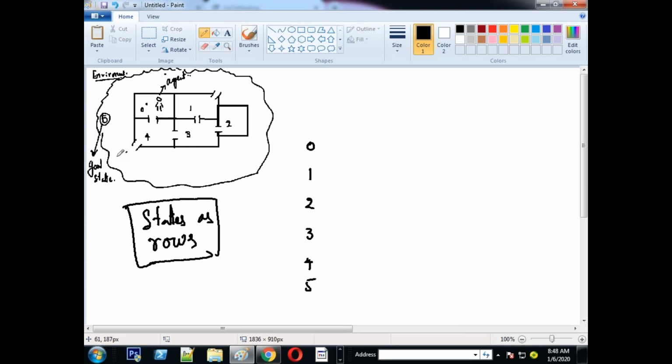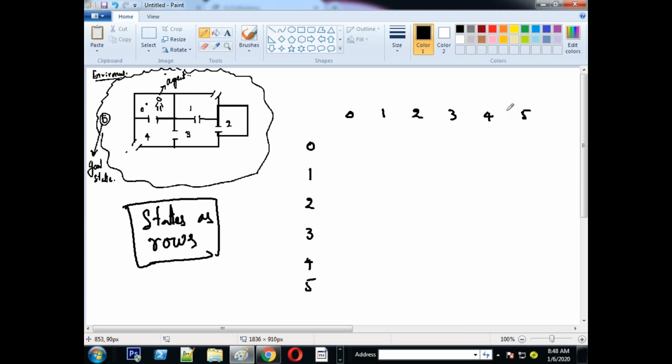If you are in 4, what actions can you perform? 4 to 5, 4 to 3. If you are in number 3, 3 to 1, 3 to 2, and also 3 to 4. So these are the actions. The actions I can do are action 0, action 1, 2, 3, 4, 5. In my first example, the number of states and number of actions are equal.